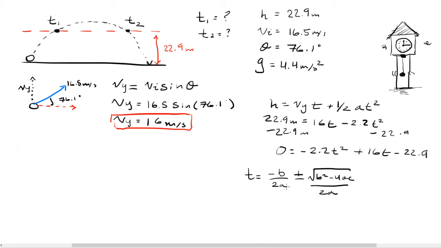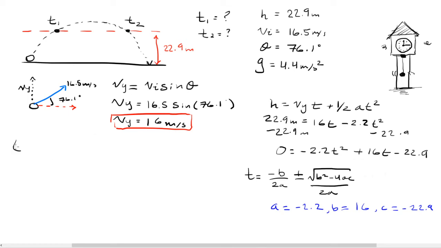You might be wondering what all these letters are. Let's classify each of our numerical values into its corresponding variable. The a value is negative 2.2, the b value is 16, and the c value is negative 22.9.